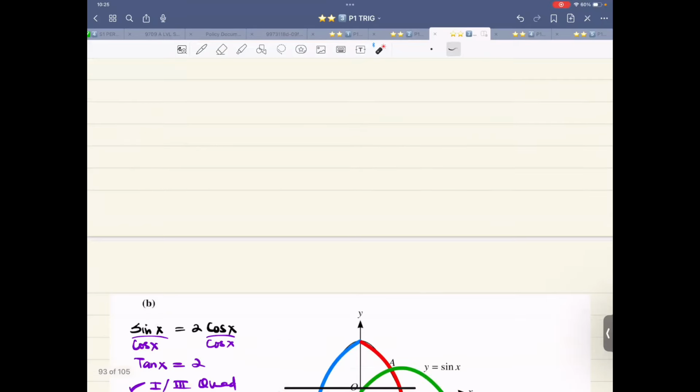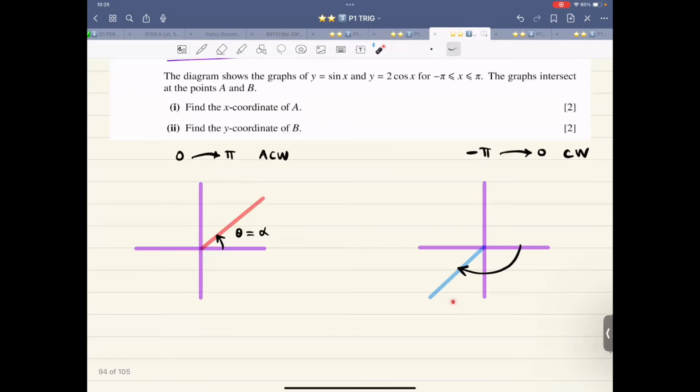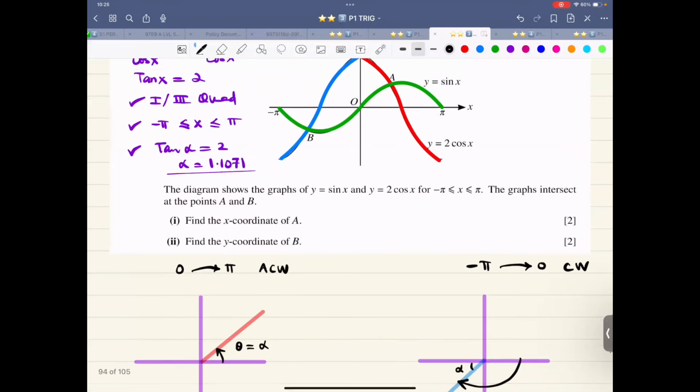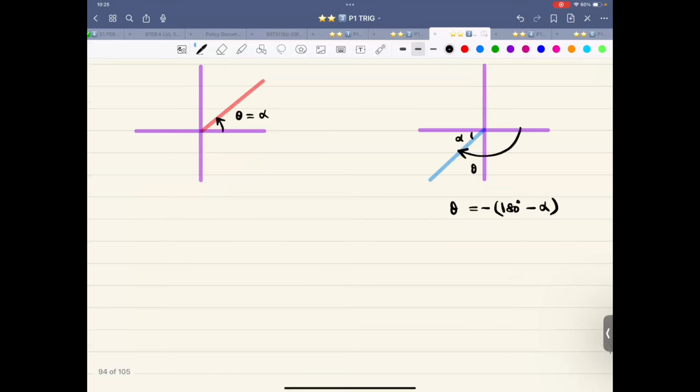Over here, this third quadrant will be like the second quadrant. Again, the basic angle is alpha. This is theta. And therefore, theta is 180 degrees minus alpha, but with a negative sign because we are going clockwise. What is alpha? 1.1071.